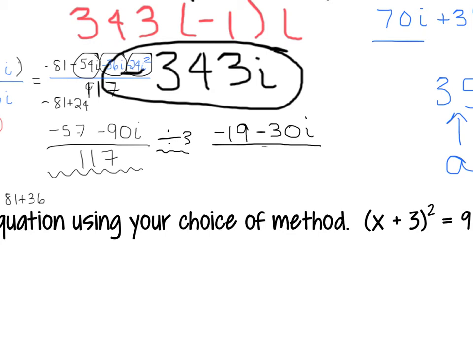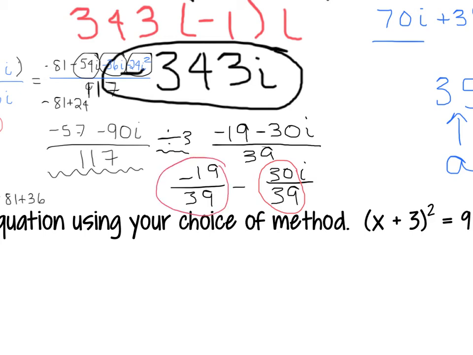So, of course, I can still break this up into separate parts. Negative 19 over 39 minus 30i over 39. And if you choose to leave your answer like this, you can actually simplify 30 over 39 even more. Notice that, once again, this is a complex number of the form a plus or minus bi. All right, let's keep going.